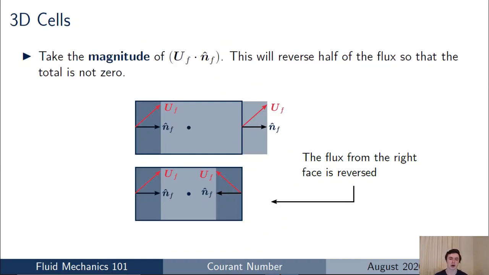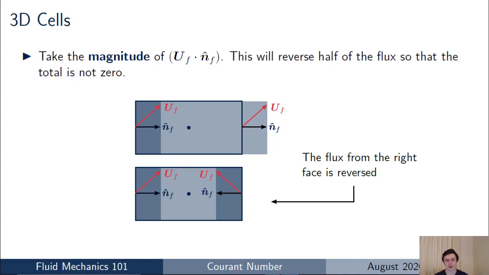And the trick we're going to use is, rather than taking the velocity component that's normal to the face, we're going to take the magnitude of this term. And the reason we're going to take the magnitude can be understood if we just think about the cells and what's actually happening. So if we go back to our simple cell, which is at the top of the figure there, on the left face of the cell, we've got the velocity at an angle to the face.